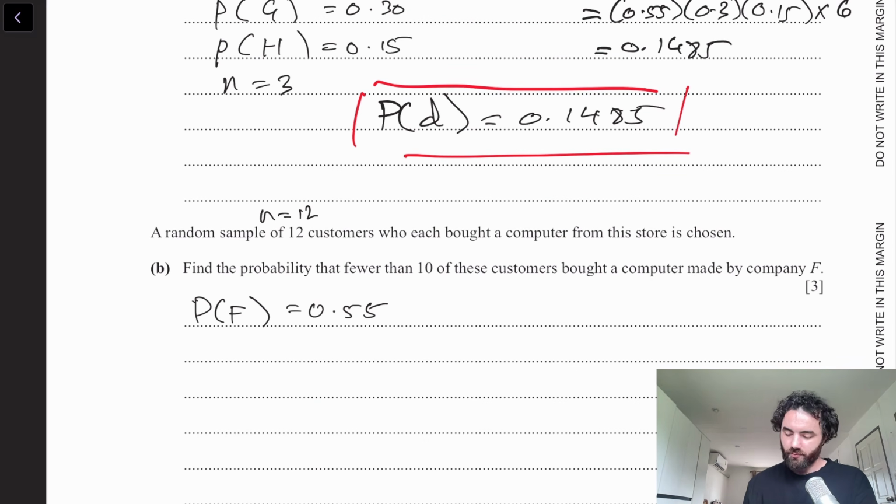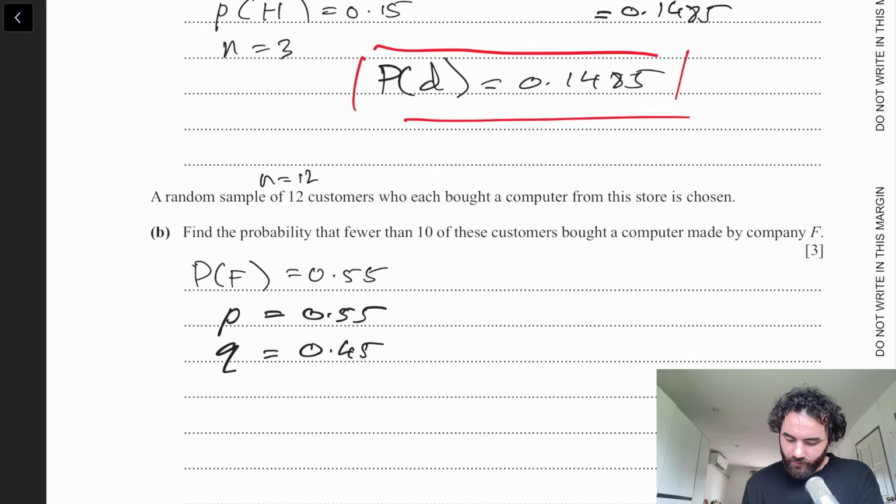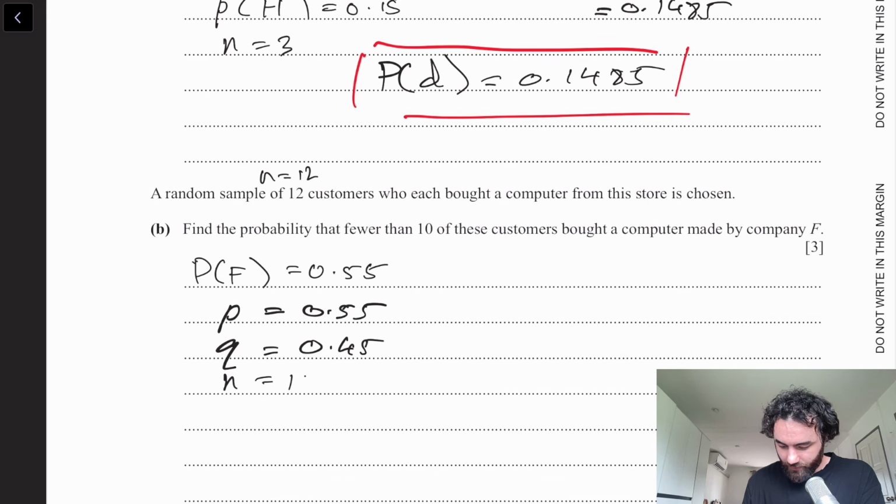Okay, so this is binomial because we have a success and a failure. So the probability of success is 0.55, which means they bought from company F, and the probability of failure, let's call it Q, is 1 minus this, which is 0.45. And our N is 12.